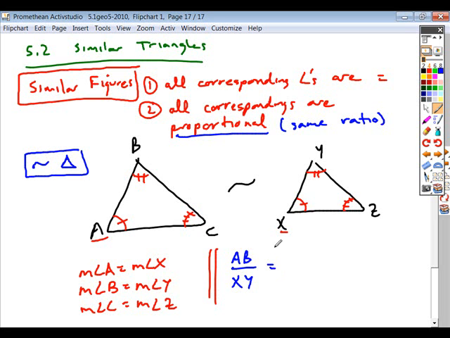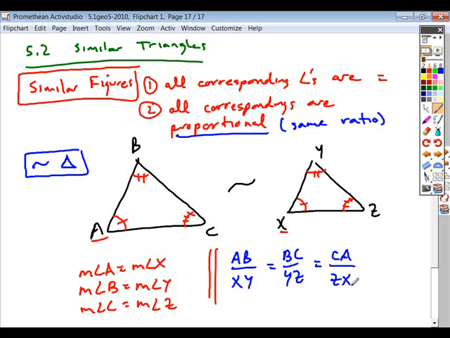So if you're looking at the ratio of BC to its corresponding side, YZ, it's going to have the same ratio. You could also look for the ratio of the bottom, CA, over the bottom of the other triangle. So all of those ratios will hold true. Now you're not going to use all three of them. You'll use any two at a given time. Okay? But those are the relationships that will exist if you're told that triangles are similar.